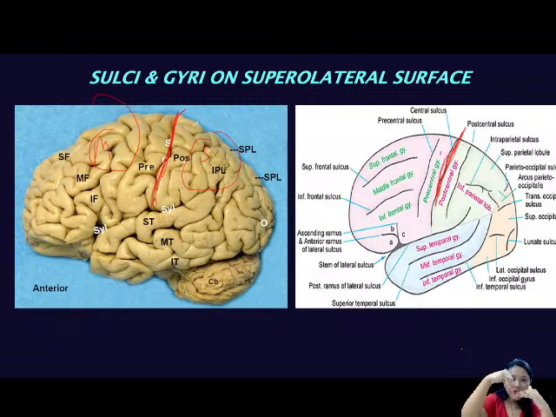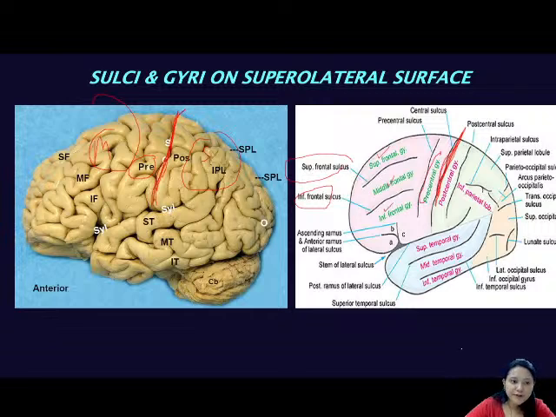The hill in front of the central sulcus is known as the precentral gyrus. Now from the precentral gyrus you have two sulci, the superior frontal and the inferior frontal sulcus, which divide this entire area into superior frontal, middle frontal and inferior frontal gyrus.